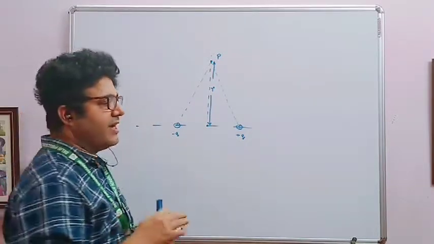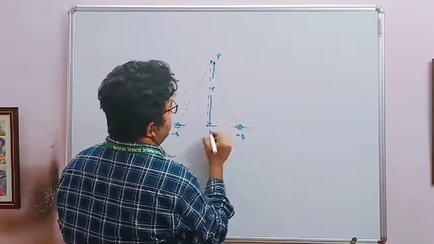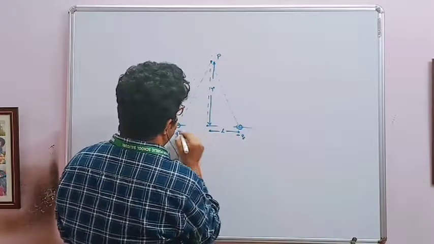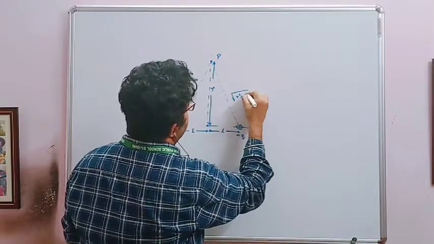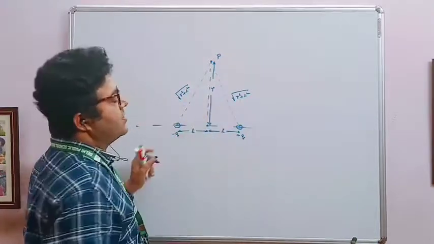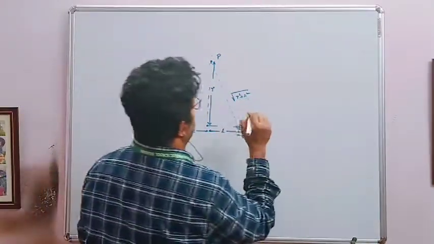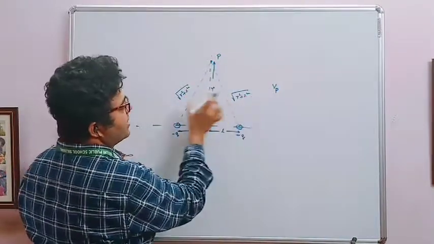Potential is a scalar quantity, so don't show any direction. This one is L, this one is L, so this distance is root of r square plus L square, and this one is also r square plus L square. If you see this, both are at the same distance.